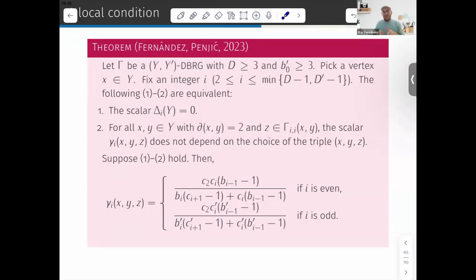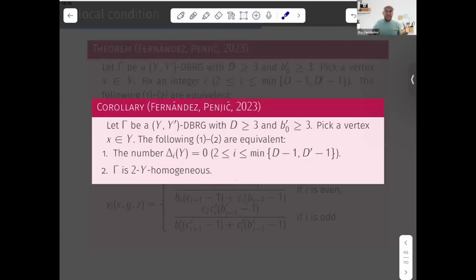Now, if we repeat this condition for every i between 2 and d-1, we will get a characterization of the 2-Y-homogeneous condition in distance-biregular graphs. So if you give me a distance-biregular graph, we know which are the intersection numbers, and to check that this graph is 2-Y-homogeneous, instead of checking by the definition, which seems to be hard, we can simply check these equations, delta_i, using the intersection numbers, and if all of them are 0, we will have that our graph is 2-Y-homogeneous.